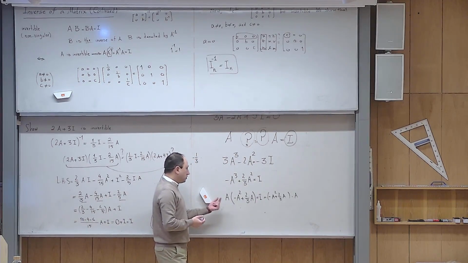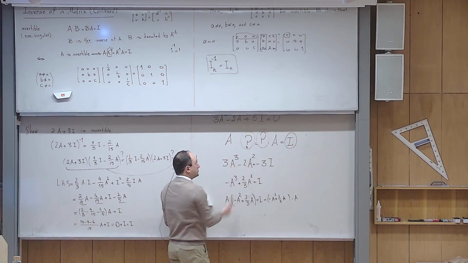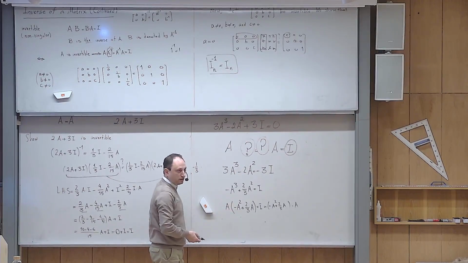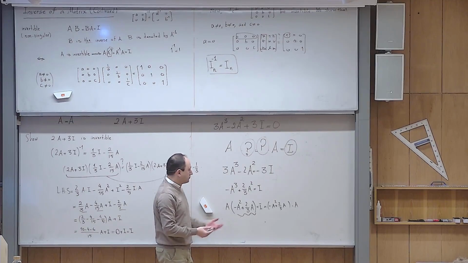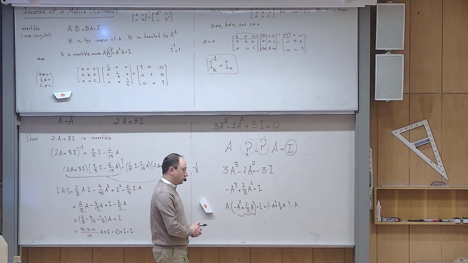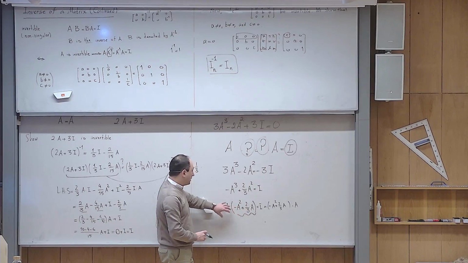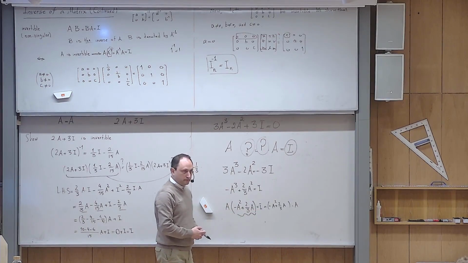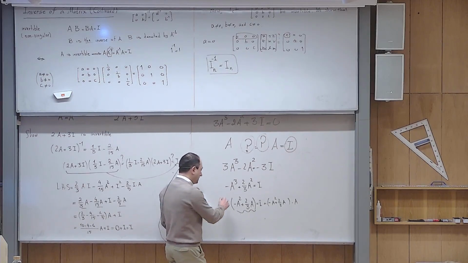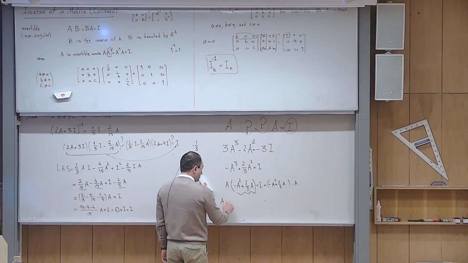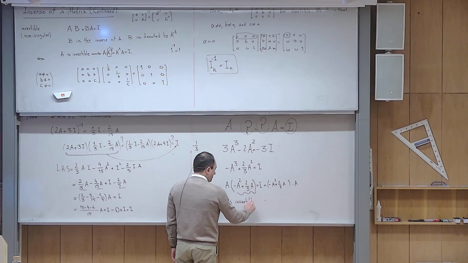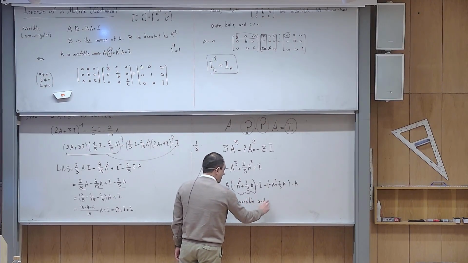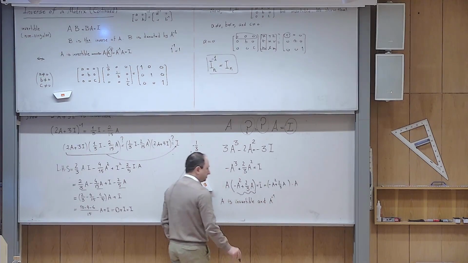Because my goal was to answer this question mark. So what is the question mark here? This is playing the role of your question mark, because I was able to find a matrix, whatever it is, I don't care, so that when I multiply it with my own matrix from both directions, the answer is I. So this means that yes, A is invertible, but more than that, A inverse is equal to what?